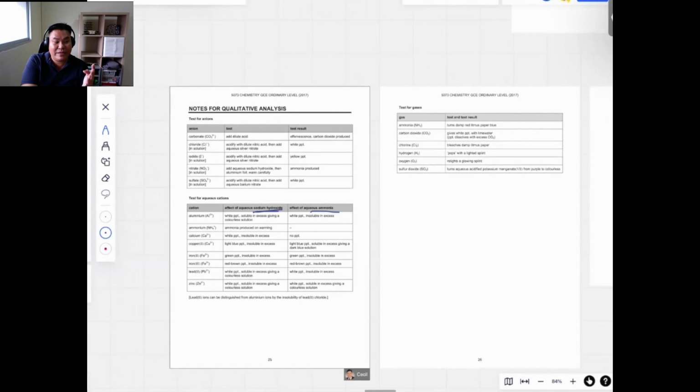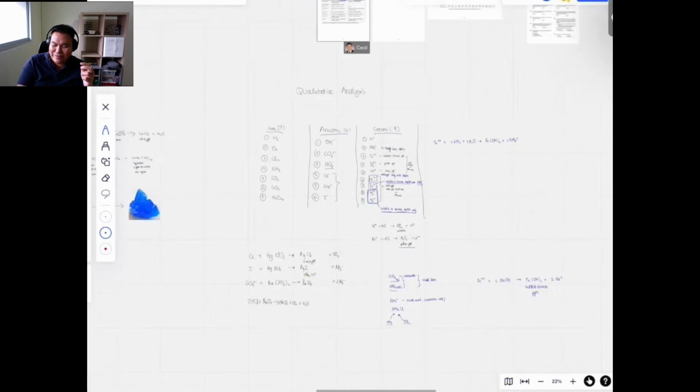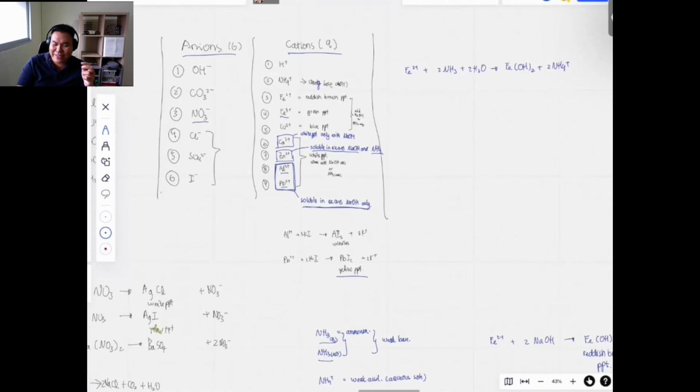They don't give you the solubility table. The only thing they give you is the periodic table. Do memorize as much as you can.